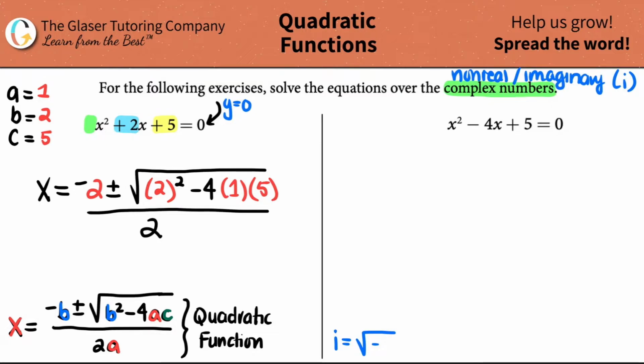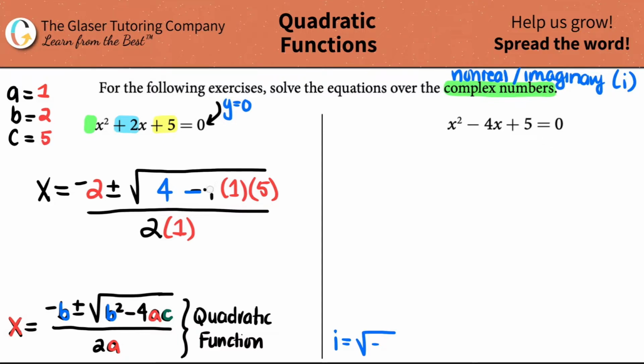Okay, so the rule of thumb is that you always work inside the square root first. So this is the first step. We're going to simplify inside this radical. So 2 squared is a 4 minus, okay, 4 times 1 times 5. 4 times 1 is 4. 4 times 5 is 20.